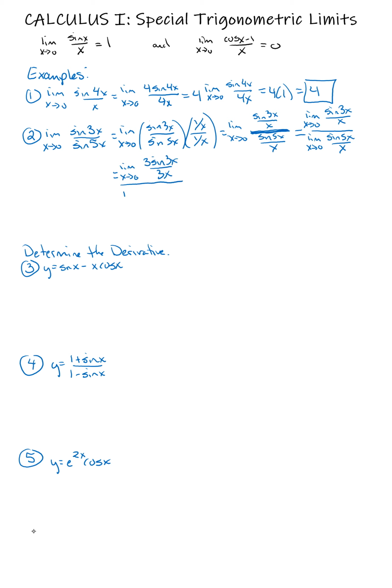In the denominator, I'm going to multiply by 5 over 5. Okay, and so 5 over 5 is the special form of 1 that we're using. And now, of course, in the numerator, I'll factor out, or I'll write that coefficient of 3.